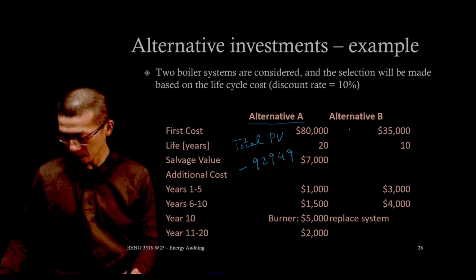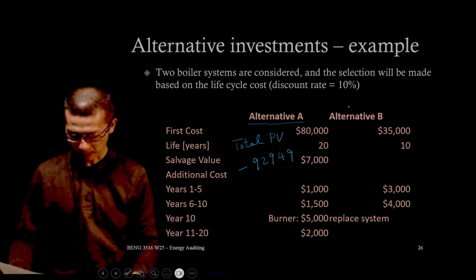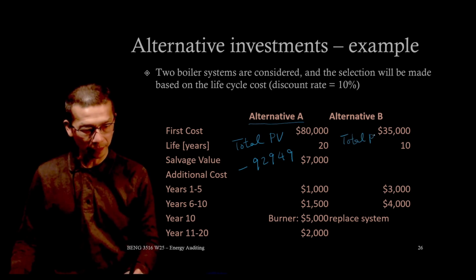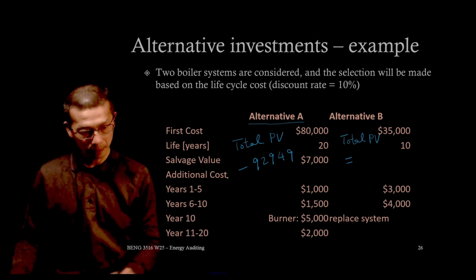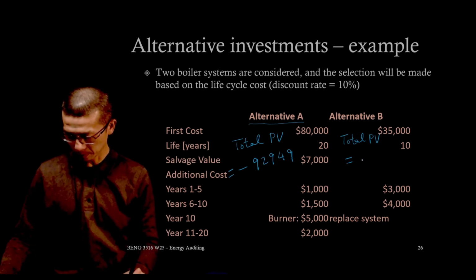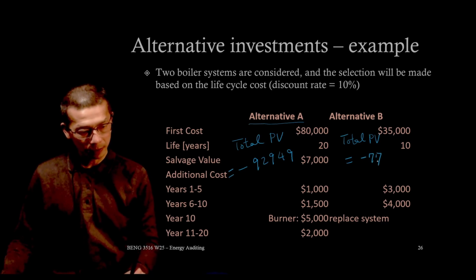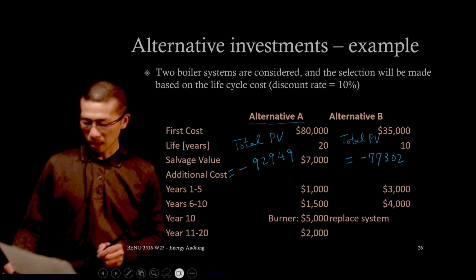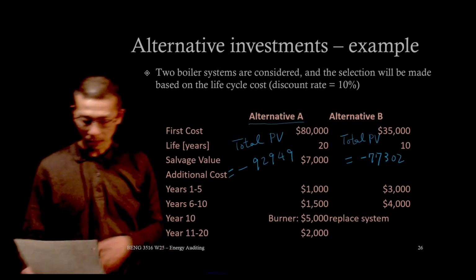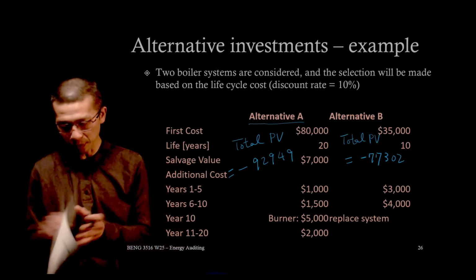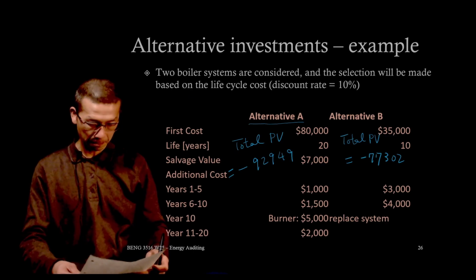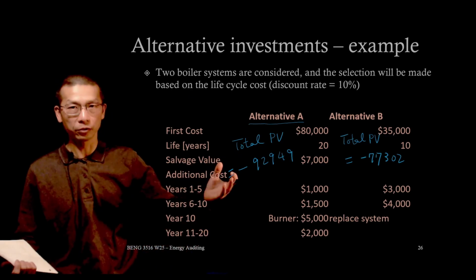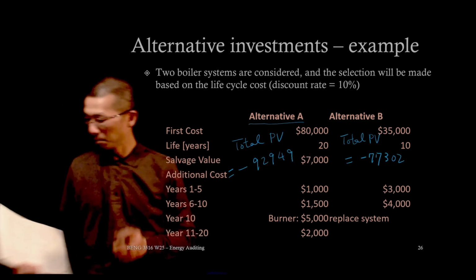For system B, I get a total PV equal to minus 77,302. So that means alternative B is cheaper over 20 years. They are both negative, but if you have to choose one, B is still better.